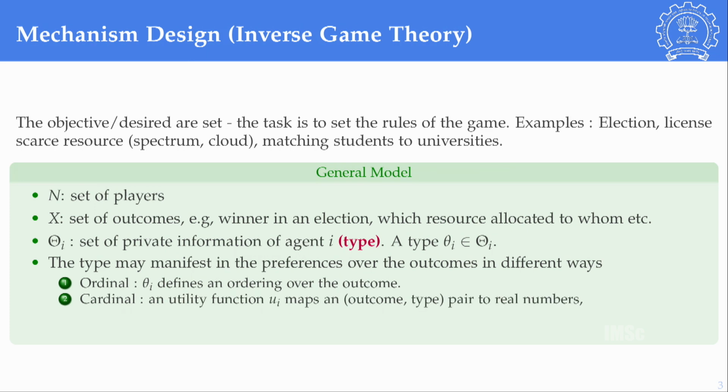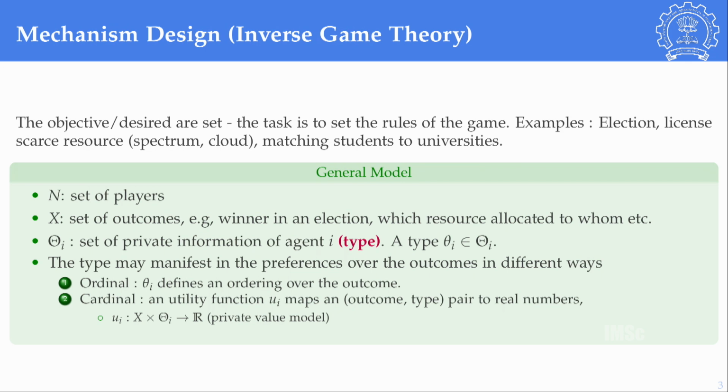The second setup is the cardinal setup, where we can assign those numbers. So, under this setup we have this utility function u_i, which maps the outcome. Whatever outcome we take from this set X, and depending on my type, I can assign a real number to it. So, let us say in the auction example, agent i did not win that object and his type was theta i.